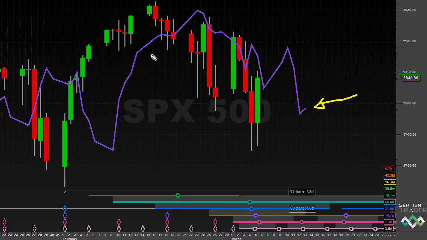So I spoke in last week's video about the fact that this was probably an F category interaction over here, and discussed in the previous week's video the dilemma that we faced at the time: was it a B category interaction or an F category interaction? But as you can see, price broke down below the FLD, thereby confirming that this was probably an F category interaction.